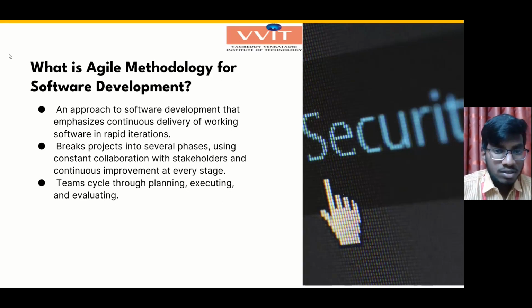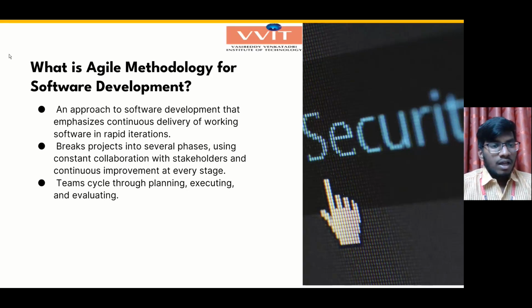So agile methodology is the combination of both incremental and iterative process models. It consists of many different frameworks like Scrum and Extreme Programming, which are advanced topics of Agile methodology. We are going to see them in the coming slides.